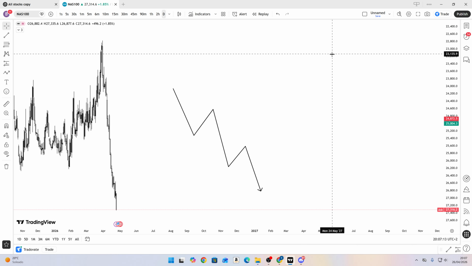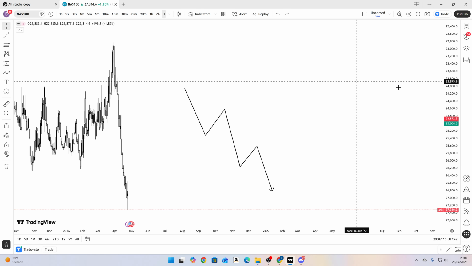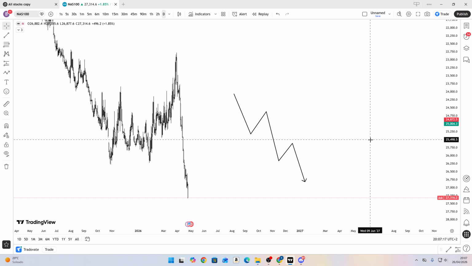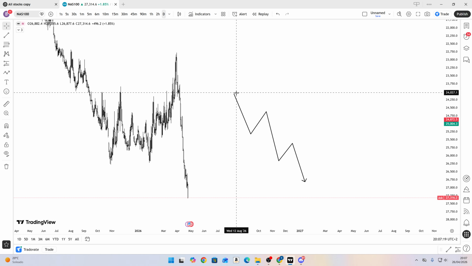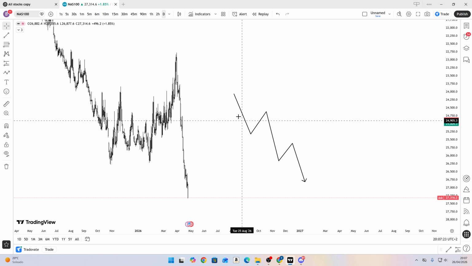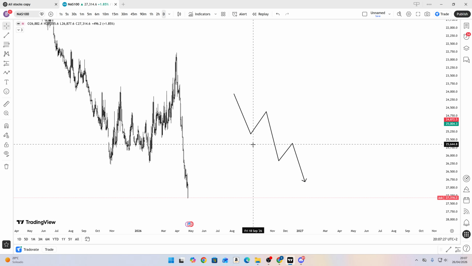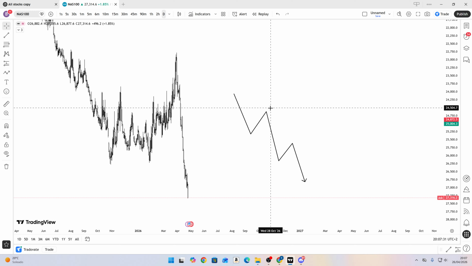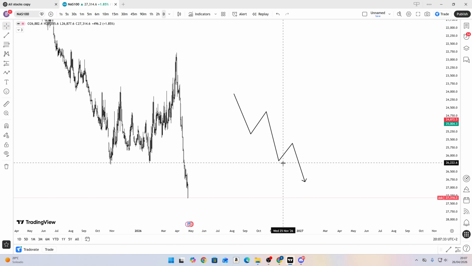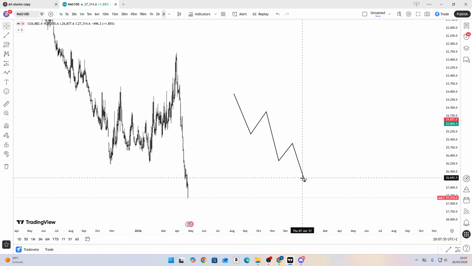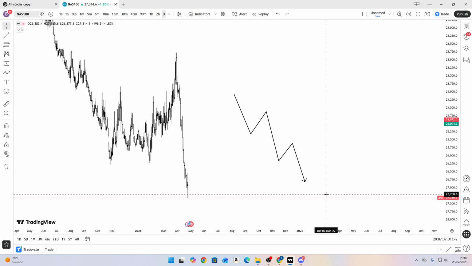Also, another thing we learned is that if the market is going down, the move that delivers is going to be called the swing low over here. And the move that has a correction is going to be called the swing high. Swing low, swing high, swing low, and so on. Swing high, swing low.